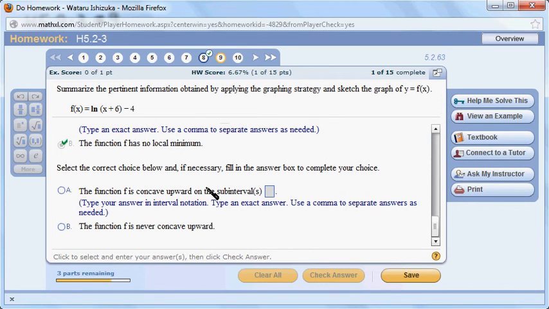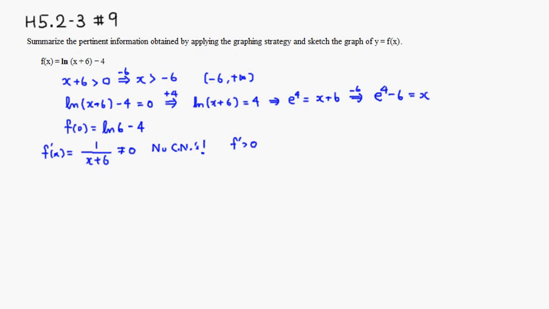We're going to talk about concavity, so let's look at the second derivative. This is the first derivative, so we take another derivative. We can use the quotient rule. Square the bottom, x plus 6 squared. Derivative of the top is 0 times the bottom, which is 0 anyway, minus top 1 times the derivative of the bottom, which is 1 again.